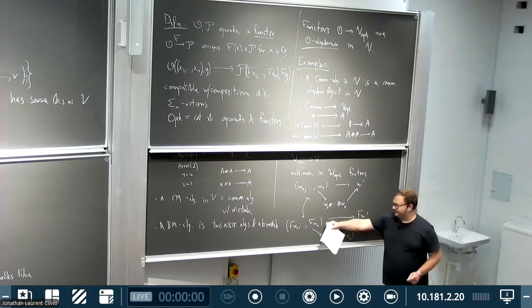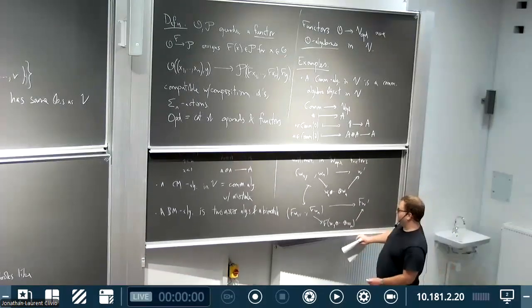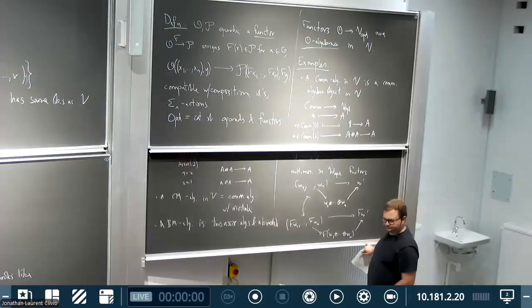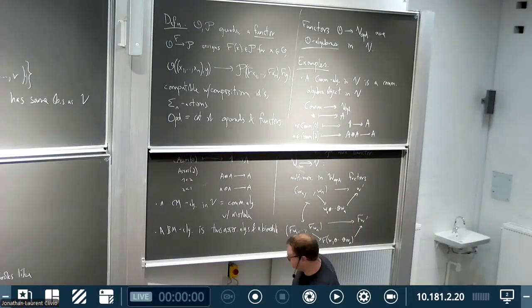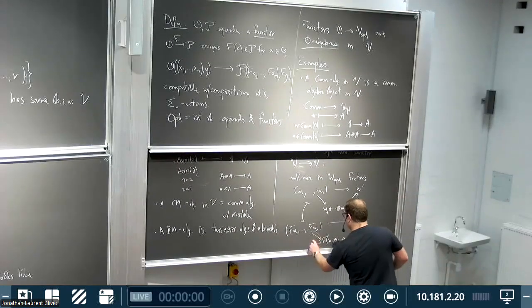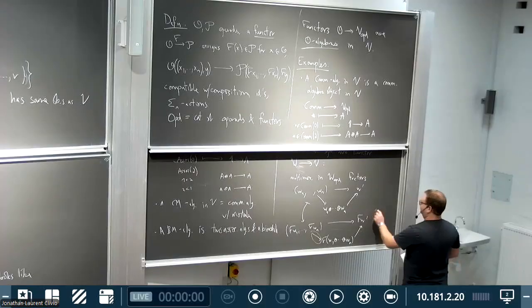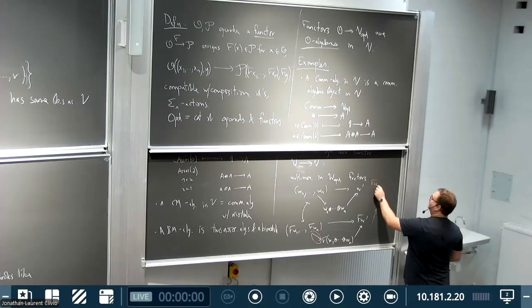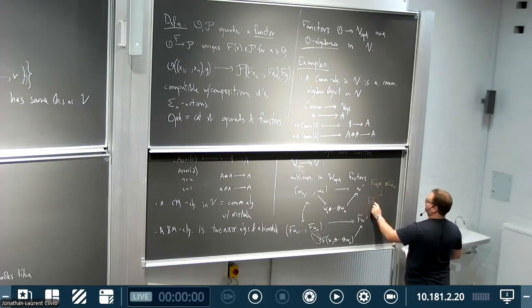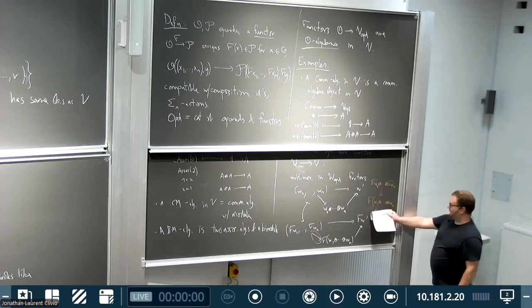And then this map corresponds to this map now. It's the same thing as giving a map from the tensor product of the FWIs in V, the F of the tensor product.